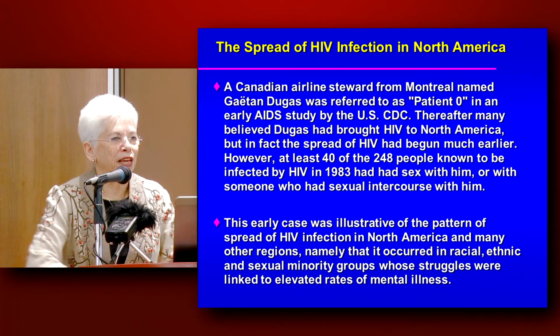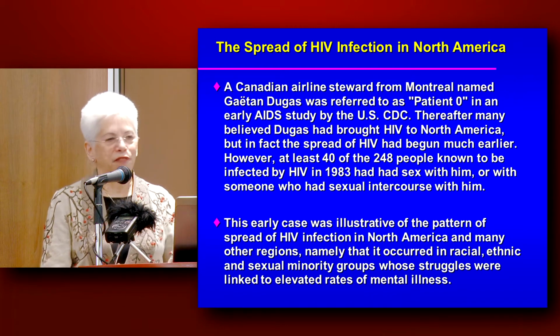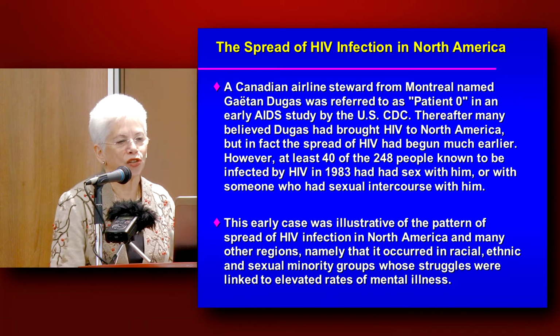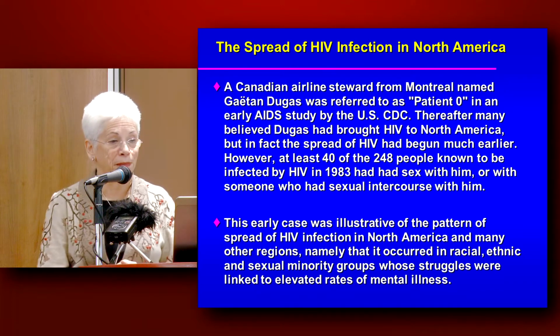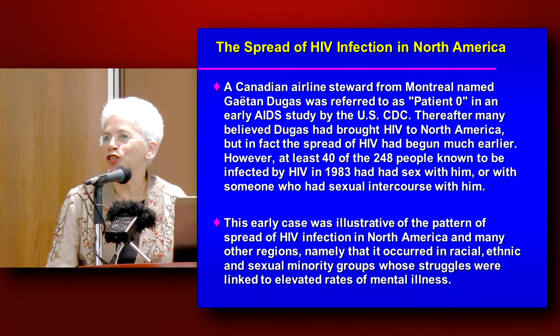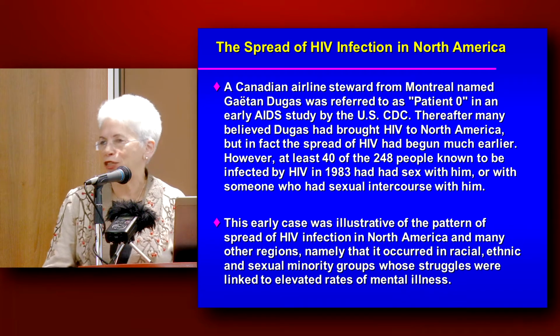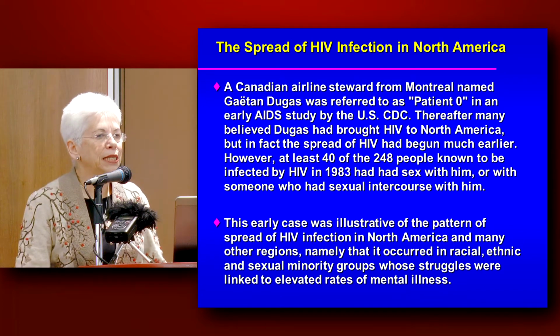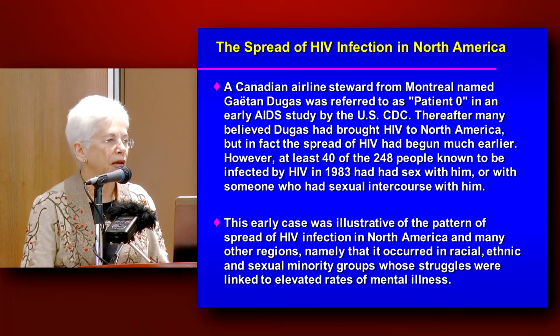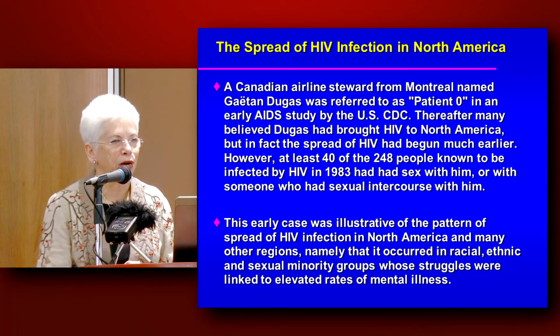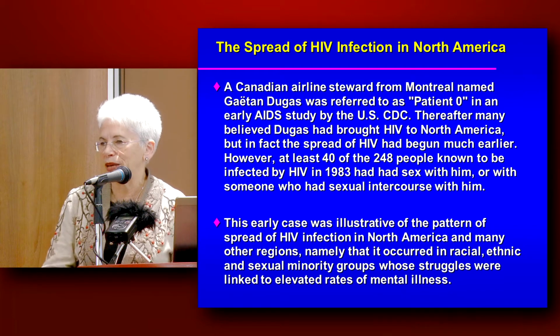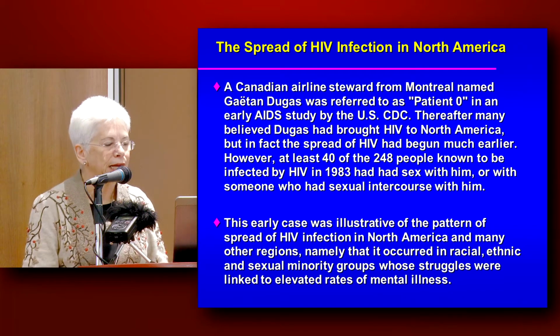One of the famous early cases of HIV was a Canadian airline steward named Gaetan Dugas, I don't know if I'm pronouncing his name right, from Montreal. He was referred to in a US CDC study as patient 0, which was not an accurate portrayal of him because HIV had entered the US long before he became a flight attendant.